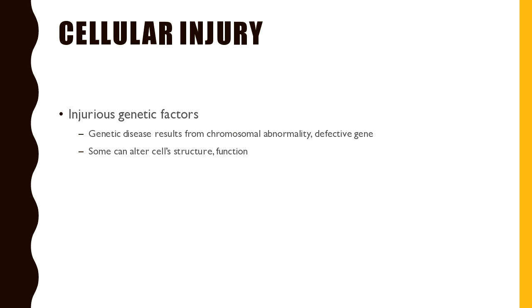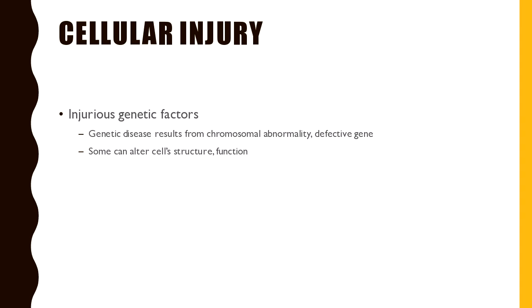So, genetic factors with cellular injury. Genetic disease results from a chromosomal abnormality or a defective gene, and sometimes they're just spontaneous mutations. If something is considered congenital, that means it was present before birth, which means it's genetic.